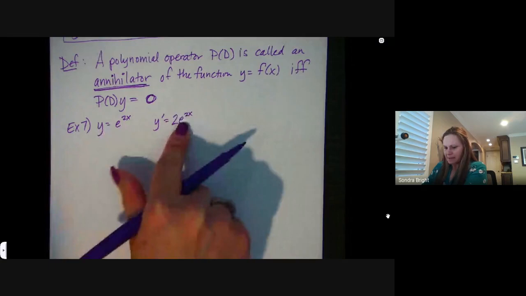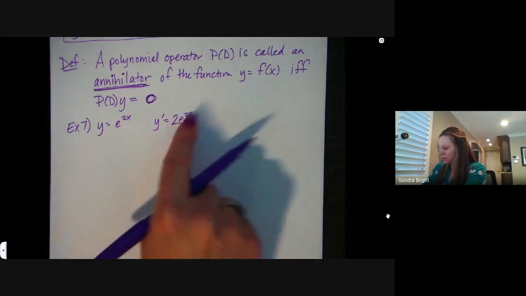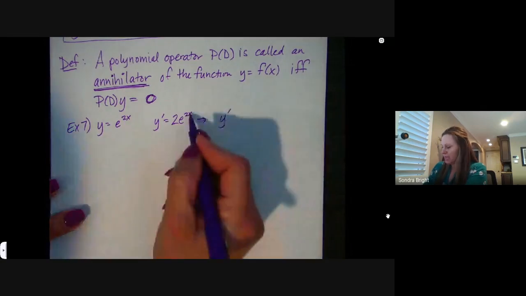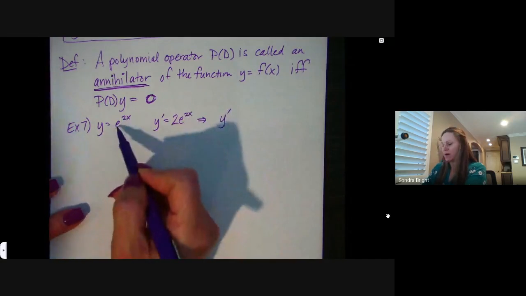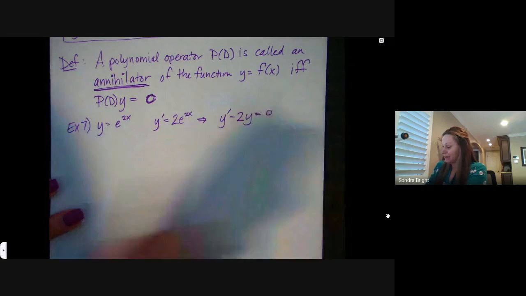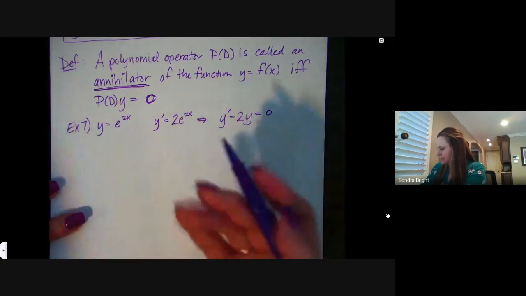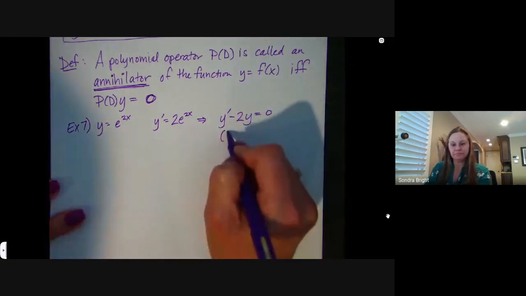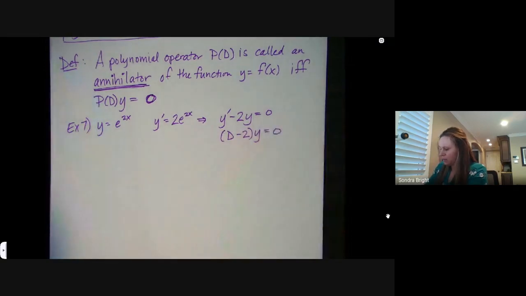That means that if I were to take y, the first derivative on y, 2e to the 2x, and subtract from it 2 times this guy, that will give me 0. Yeah? And so the annihilator of this function is t minus 2.